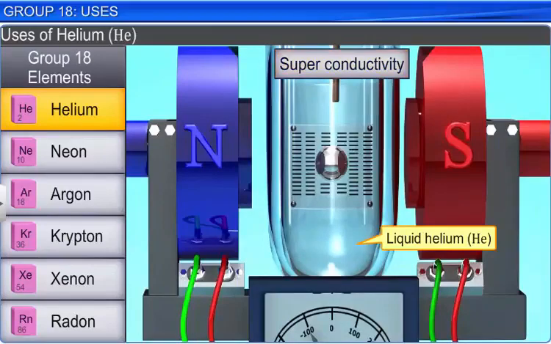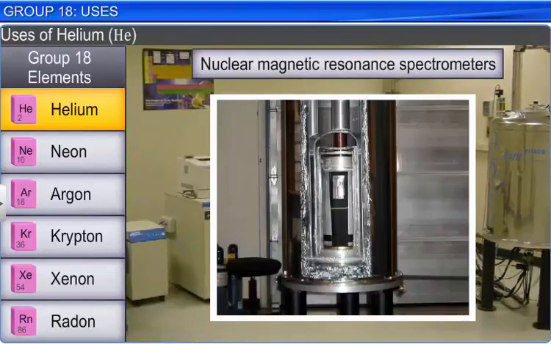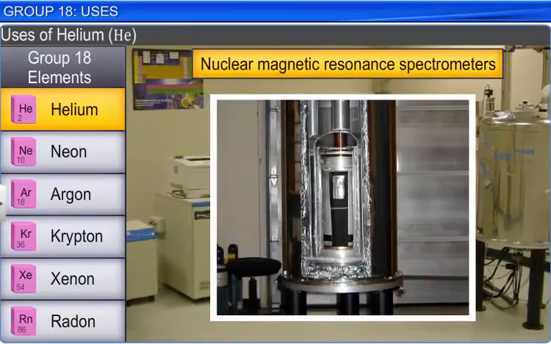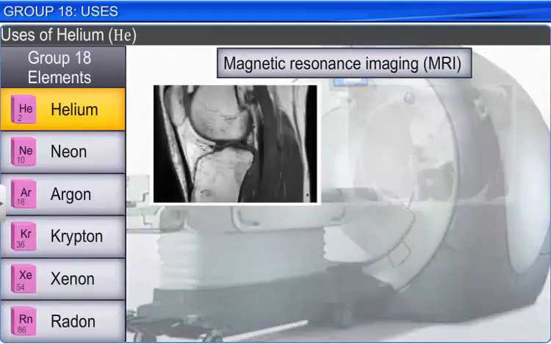Liquid helium is used to cool the superconducting magnets used in nuclear magnetic resonance spectrometers. Liquid helium is also used in the medical field to cool the superconducting magnets that are essential components of magnetic resonance imaging (MRI) systems. You know that MRI systems are used for clinical diagnosis.